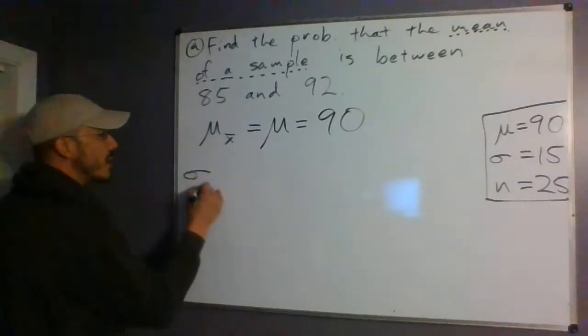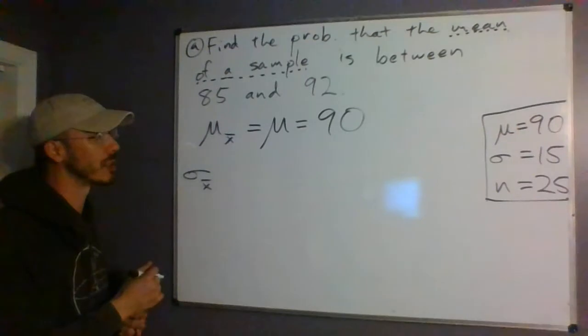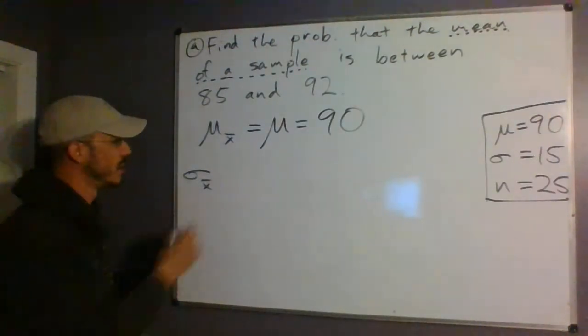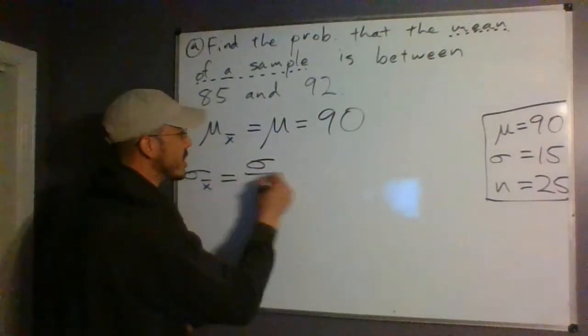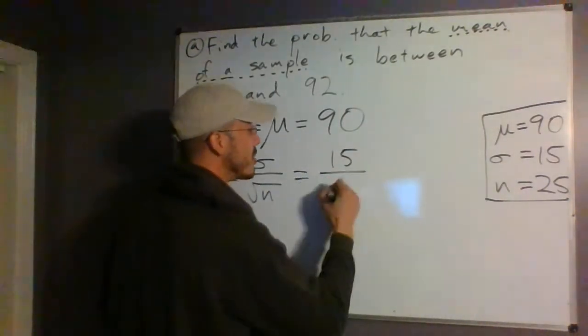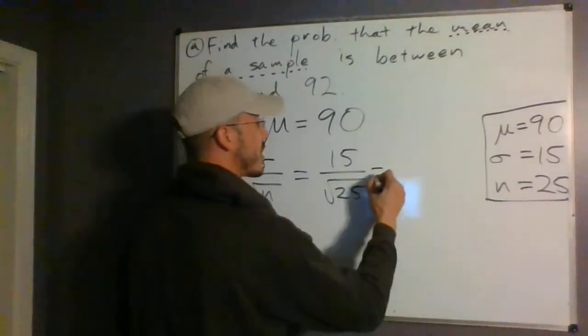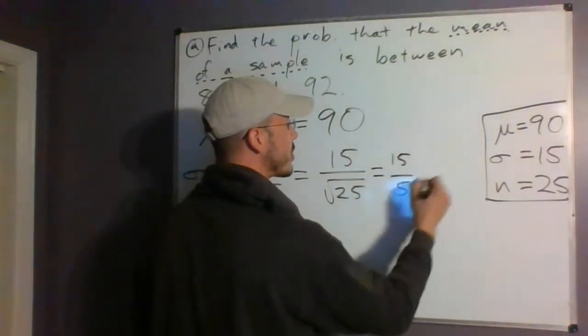But the standard deviation that I want to use to calculate the probability is the modified one, sigma over root n. In this case, 15 divided by the square root of 25, just plugging those values in. That's 15 over 5, which is 3.